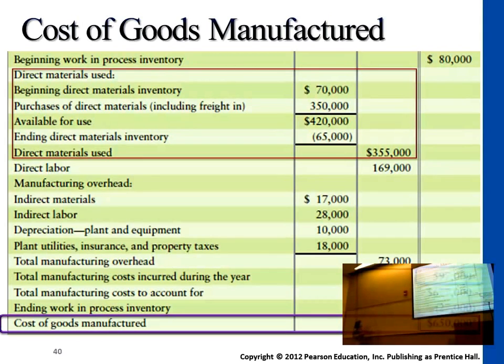Do we make new purchases? Yes. How much is that? $350,000, and that already includes freight. So if we add those two numbers up, we have $420,000 worth of materials to start the production line. At the end, after a whole year of production, what do we have left?